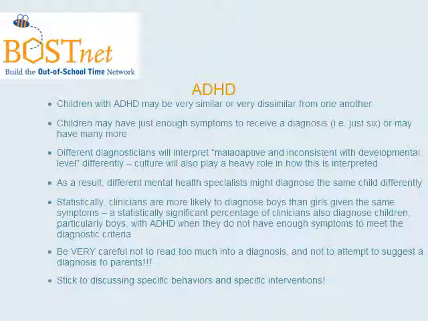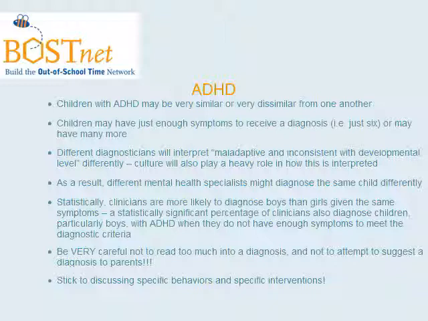When making a diagnosis, clinicians and medical professionals are evaluating the child using the terminology maladaptive and inconsistent with developmental level. Clinicians attempt to evaluate the child on a scale of what's developmentally appropriate for that specific age. It can be difficult for clinicians to make a proper diagnosis, and human error is inevitable.